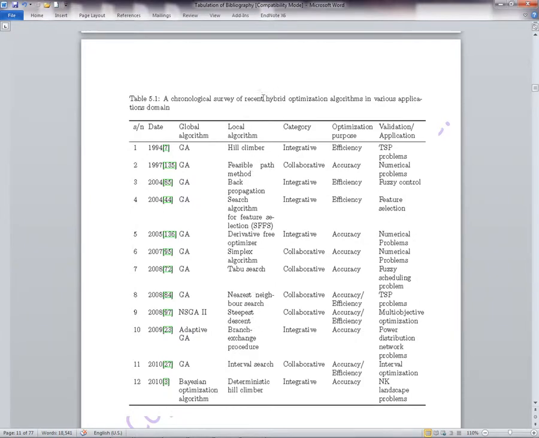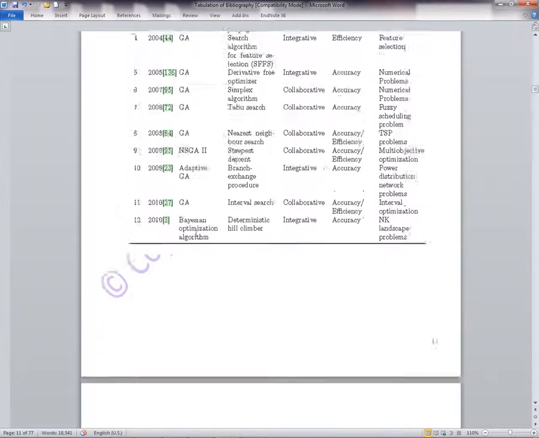And these are looking at, remember, hybrid algorithms, so they can use 1, 2, well actually always at least 2 or more. And then it looks at the categories of these and the optimization and the validation and application. So a very good research relevance diagram, a way of depicting the information you've extracted from your past research.